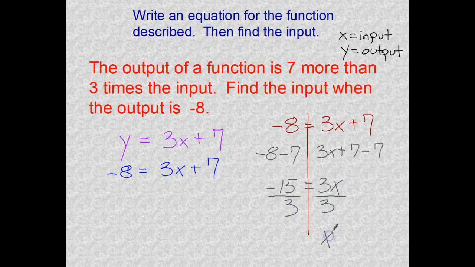So x should be equal to -5. So when the output is -8, the input is -5.